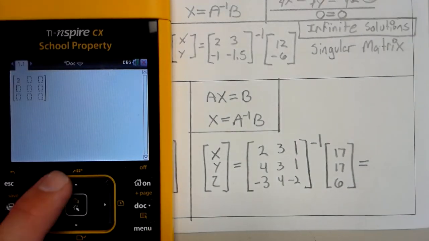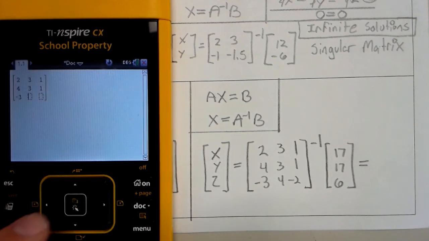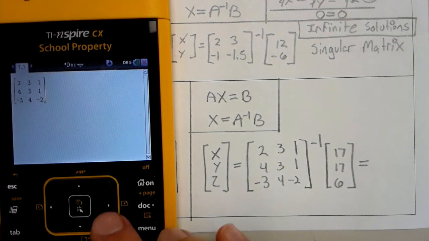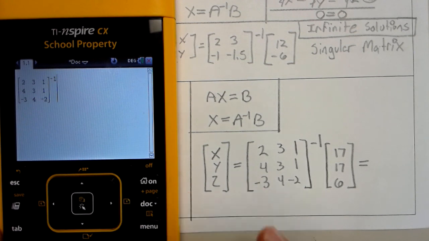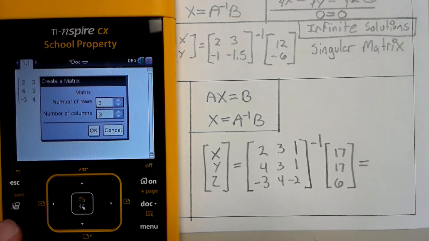2, 3, 1, 4, 3, 1, negative 3, 4, negative 2. Click to the right. It's a negative 1, not that negative 1. Click to the right. Times. Now that's going to be the button to the right of 9 again. Now that's 3 rows, 1 column.